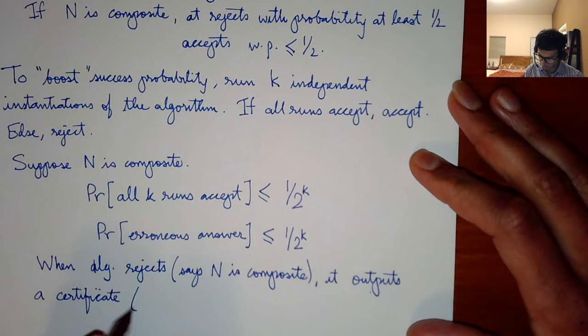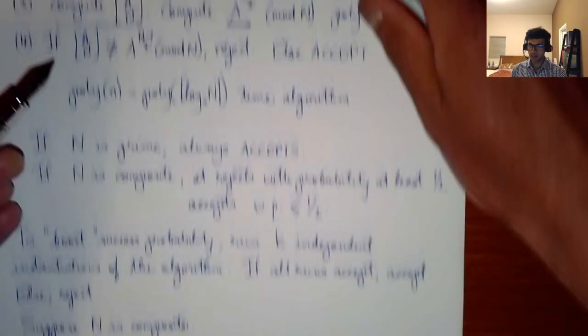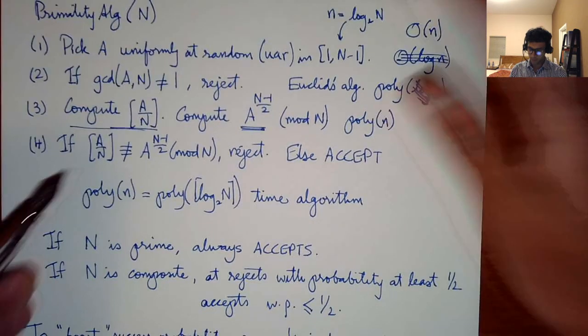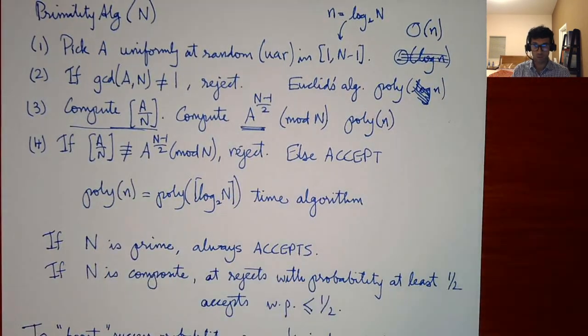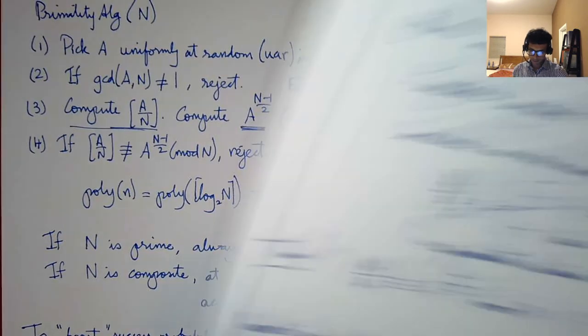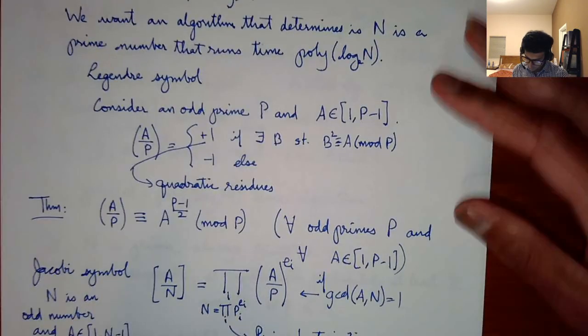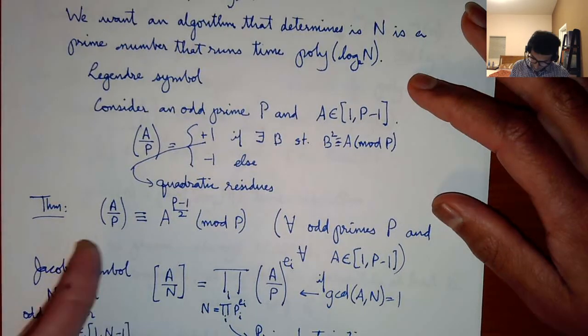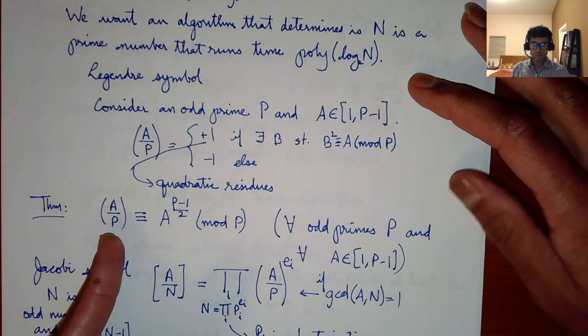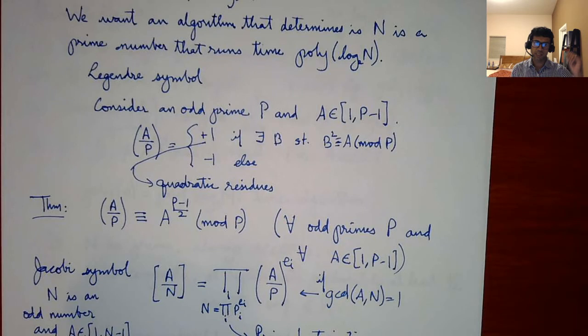And that certificate is A. The certificate is that number A that was discovered, because you know that if there exists any such A where the step 4 rejected, then you know that n is not a prime by this theorem that I described earlier. We have a theorem earlier that says if P is a prime, then the Legendre symbol is always A to the P minus 1 divided by 2.